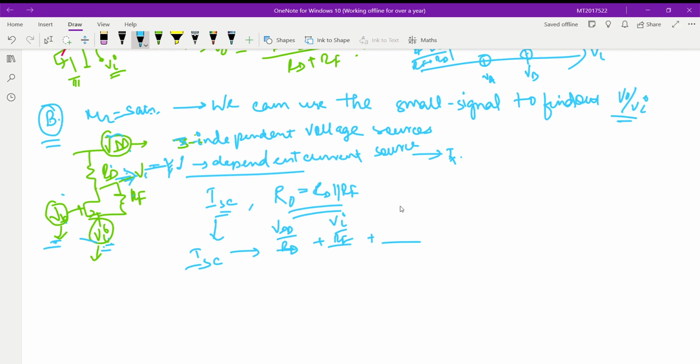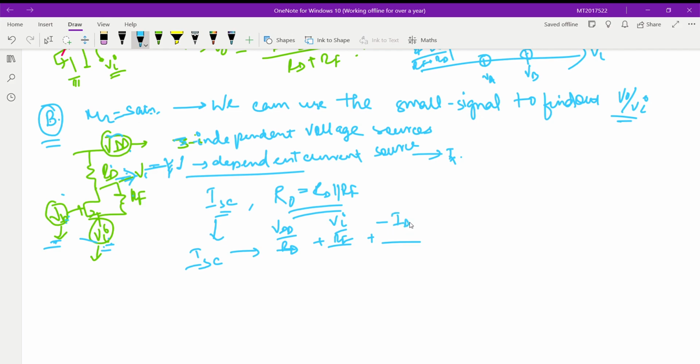Why? Because when we find the component of ISC due to VI, we make VB equal to 0, and for VB equal to 0, VI is always greater than 0, so the transistor is off, so it's less than VTH. And in the case where VI is 0, VDD is 0, there is only VB, we have minus ID.